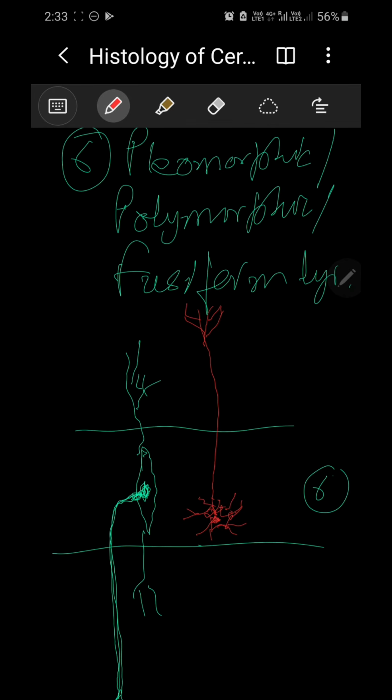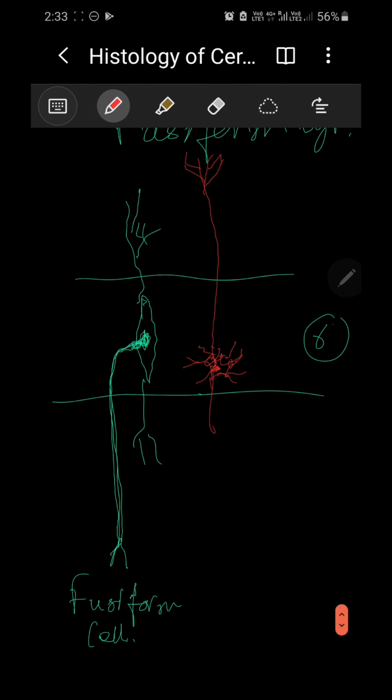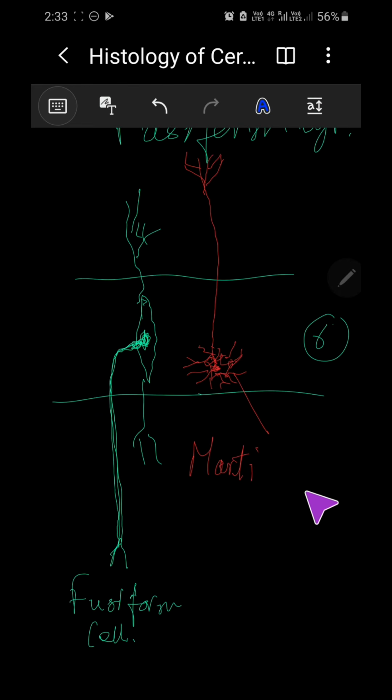So these are inverted neurons, and let me tell you that this word is an Italian word, so your pronunciation should be in Italian accent. This is Martinotti cells.